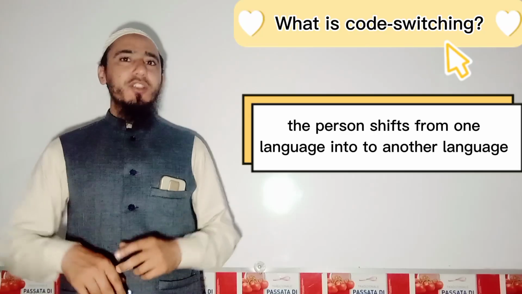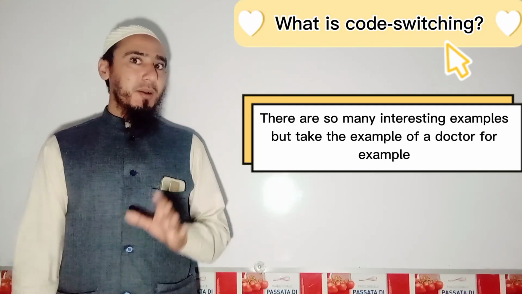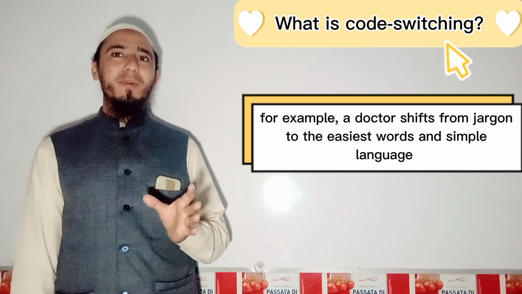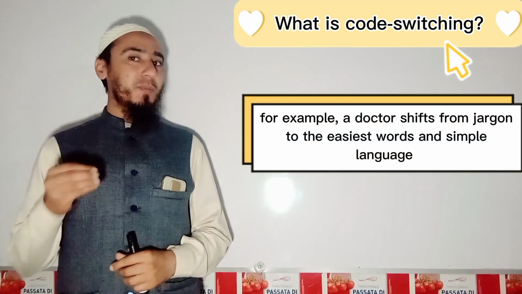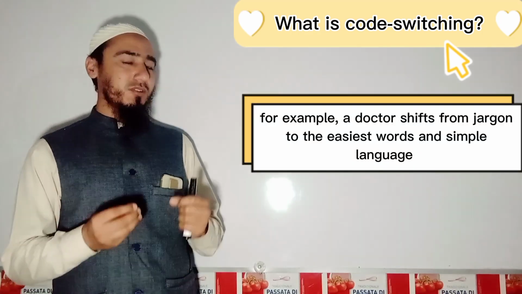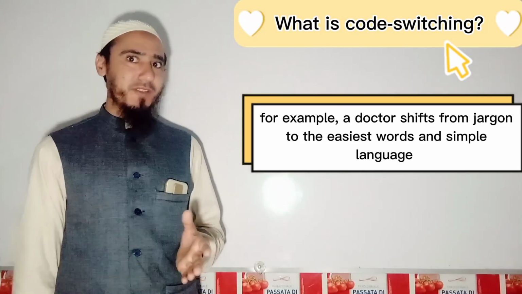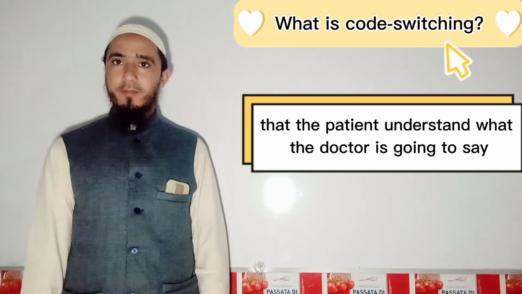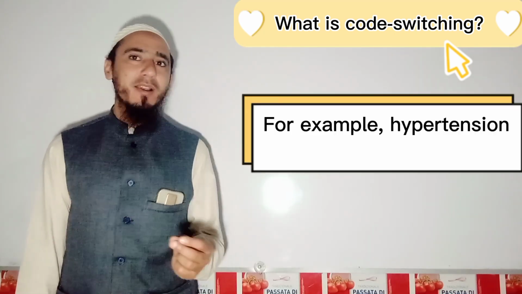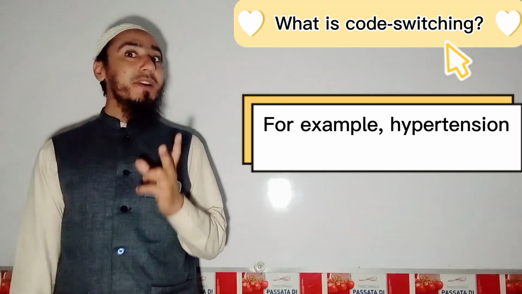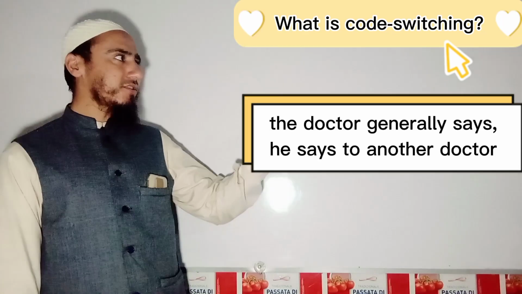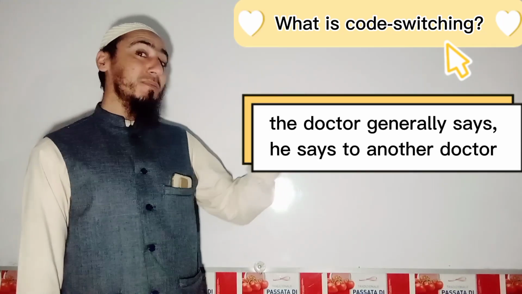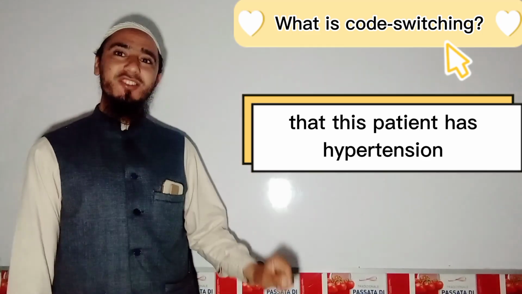There are so many interesting examples, but take the example of a doctor. For example, a doctor shifts from jargon to the easiest word, simple language, so that the patient understands what the doctor is going to say. For example, hypertension. The doctor says to another doctor that this patient has hypertension.